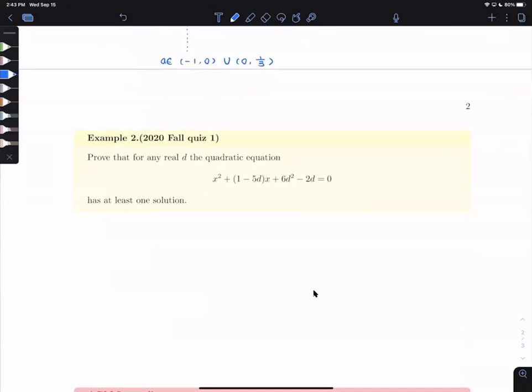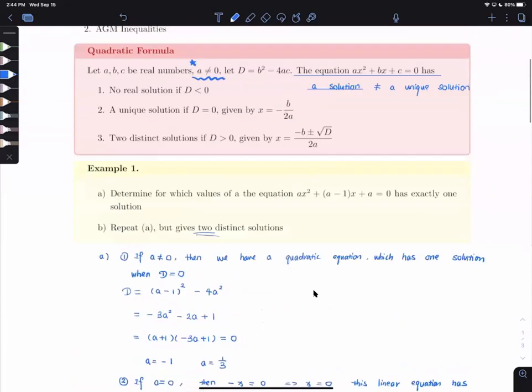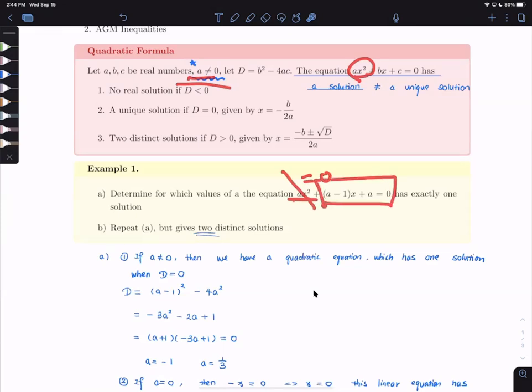You don't get where the 0 comes from because here your A cannot be 0 to be a quadratic equation. So here, if your A equals 0, then this term cancels out. You have a linear equation, and this linear equation also only has one solution. Does that make sense?